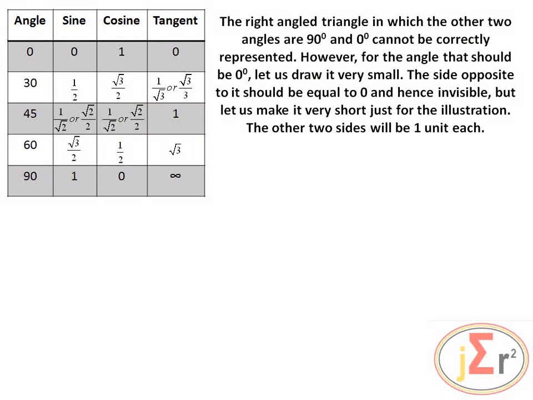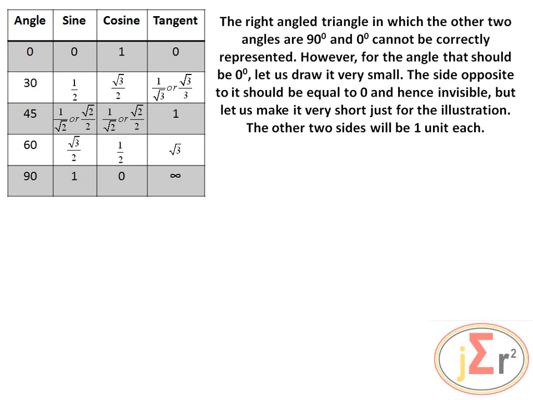The right angle triangle in which the other two angles are 90 degrees and 0 degree cannot be correctly represented. However, for the angle that should be 0 degree, let us draw it very small. The side opposite to it should be equal to 0 and hence invisible, impossible to be drawn.